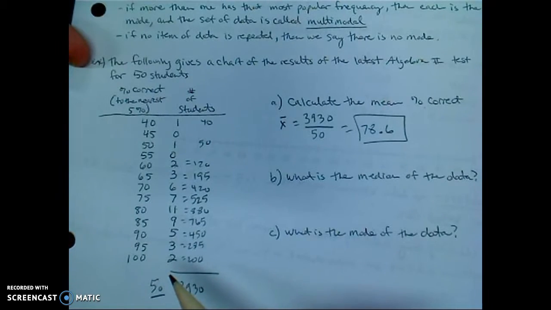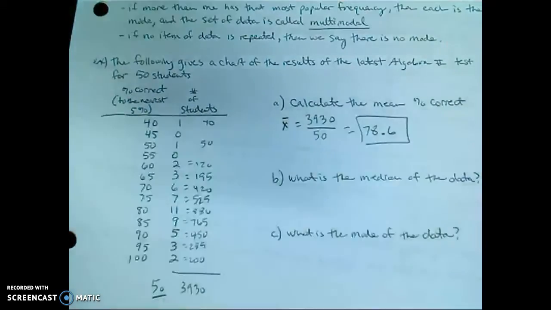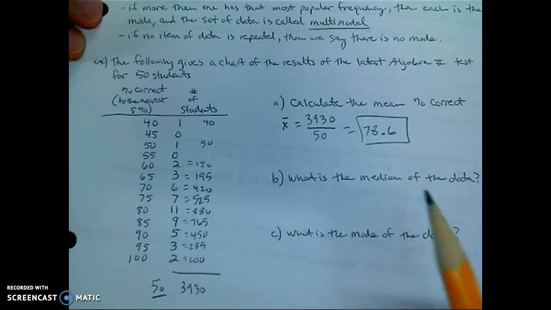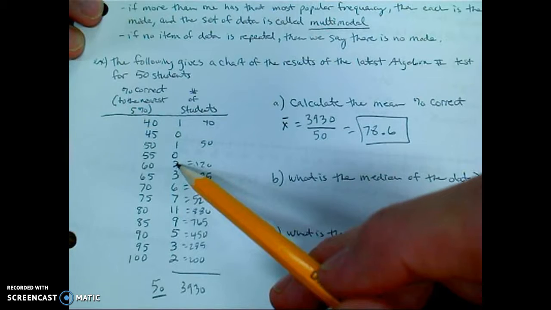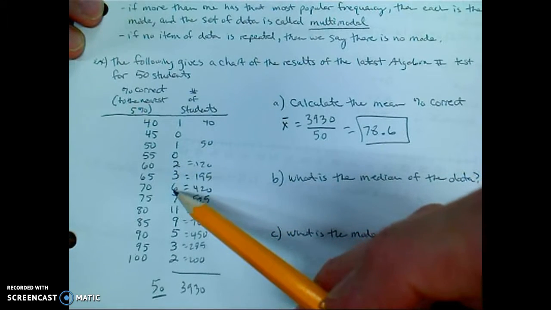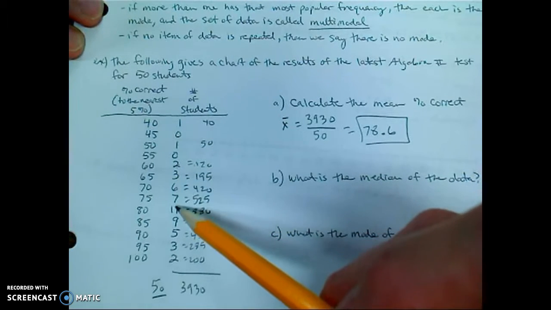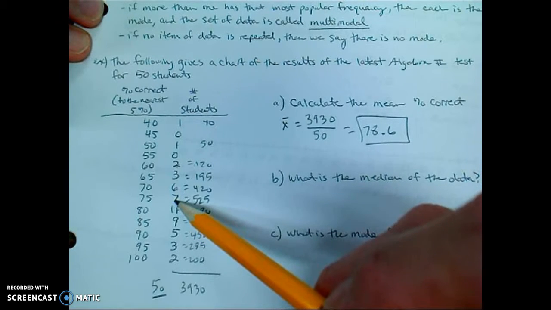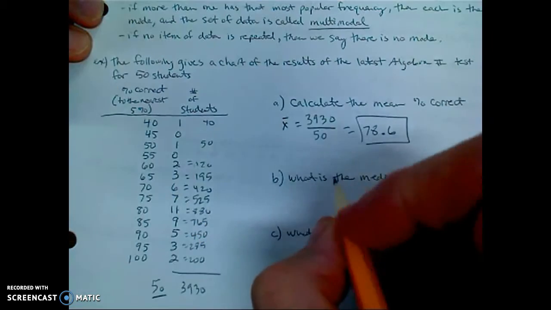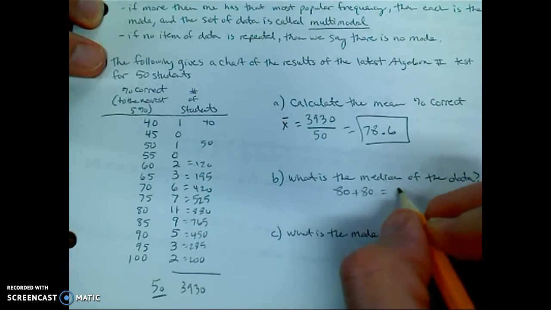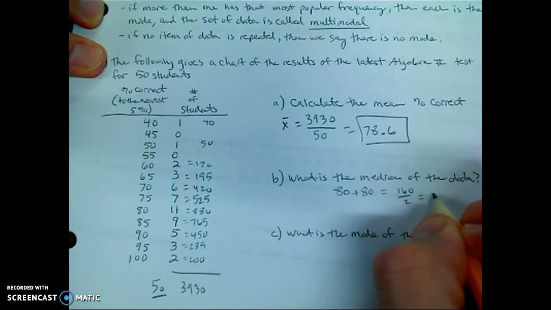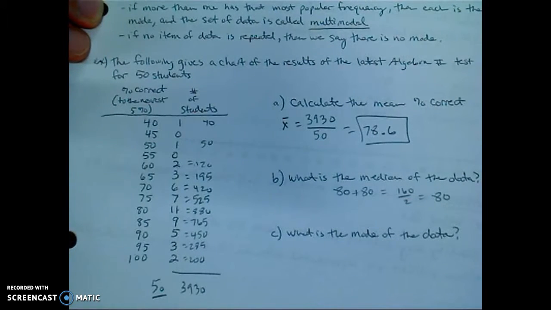My median, because it's an even number, is going to be the average of the middle two, which is the 25th and 26th. So 1, 2, 4, 7, 13, 20, and then I go all the way up to 31. So everything between the 21st and the 31st is an 80. So I have two 80s, and obviously the average of those two is going to be 80. So the median value is 80.